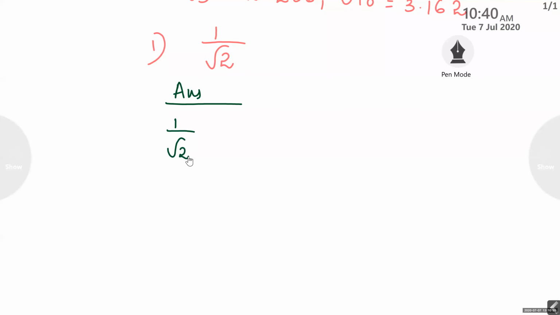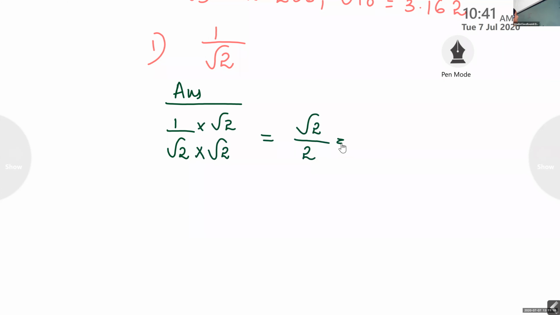How will you rationalize the denominator? 1 into root 2 and root 2 into root 2. That means this is the first step. Root 2 into root 2, and the same thing into 1 into root 2. So it became root 2 by 2.